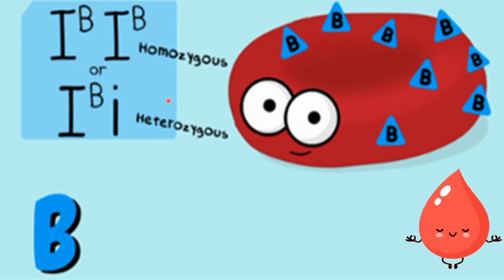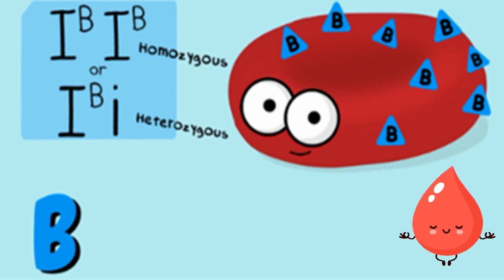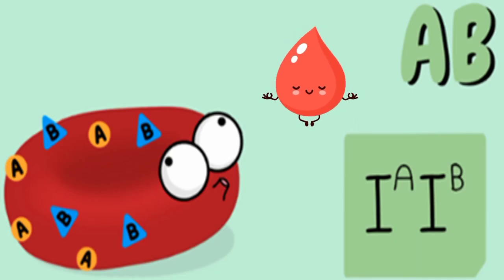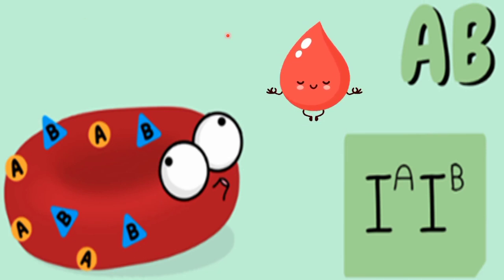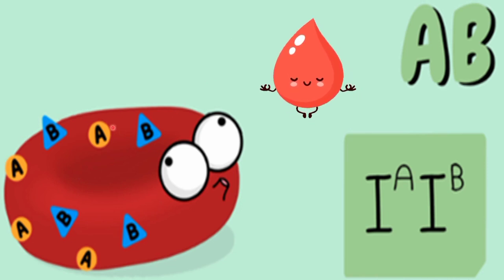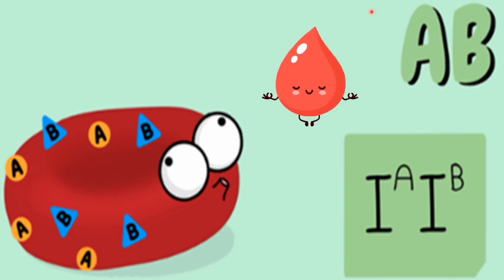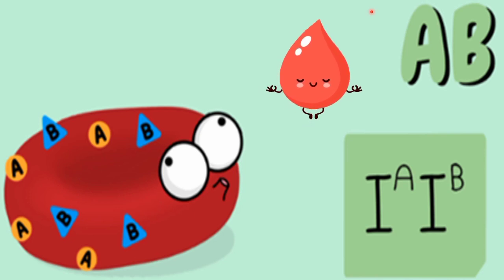And for the next one, we have blood type AB. It has antigen A and B on its surface just like this one. Meaning, a person with blood type AB can accept another type AB blood because A and B are antigens that their body recognizes. It can also accept blood type O since it has no antigen.